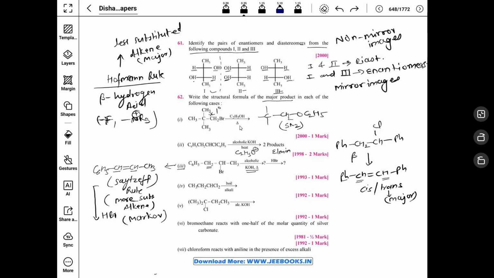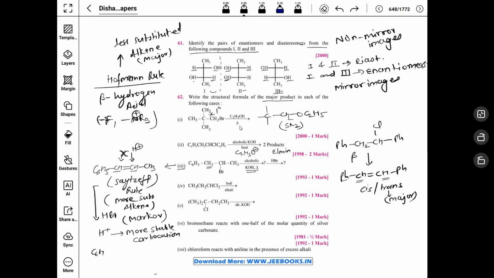So here we should understand the principle of Markovnikov's rule. It says that the hydrogen ion goes to the double bonded carbon having more hydrogen because it gives a more stable carbocation. So here we have to see which gives the more stable carbocation, and therefore the proton should go to this carbon, not this one.